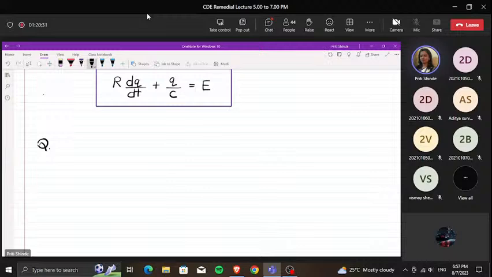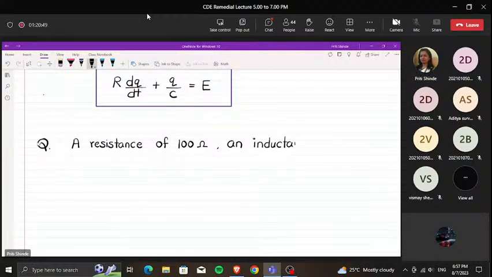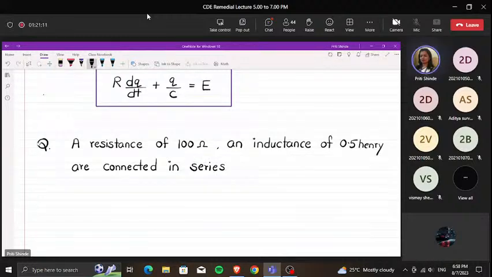A resistance of 100 ohms and inductance of 0.5 Henry are connected in series with a battery of 20 volts.